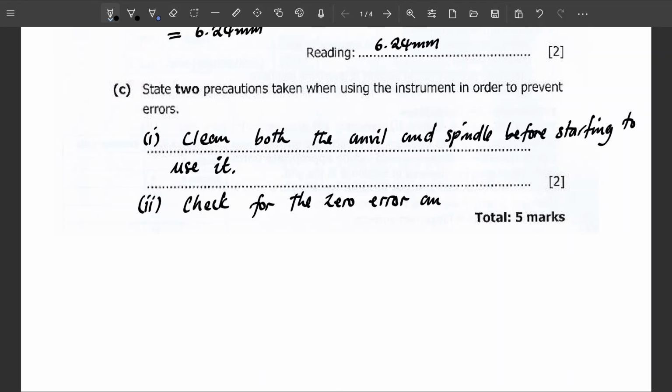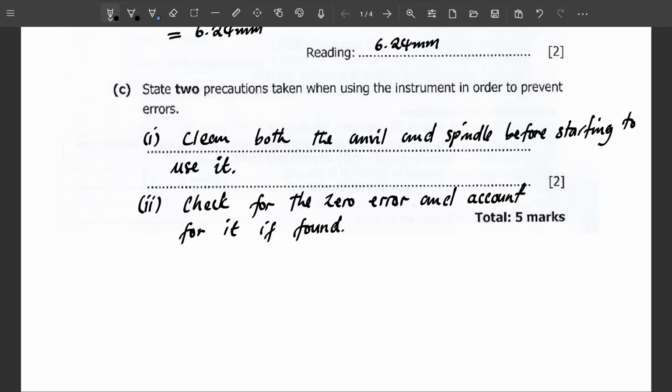And you account for it, if found. So if you discover that this particular apparatus or device has got a zero error, then you need to account for it.